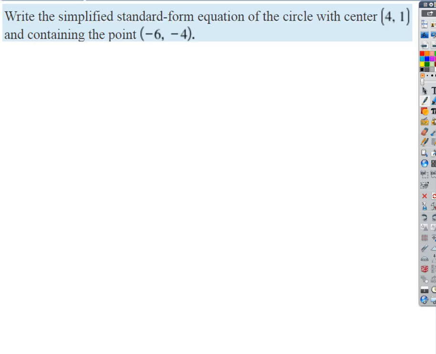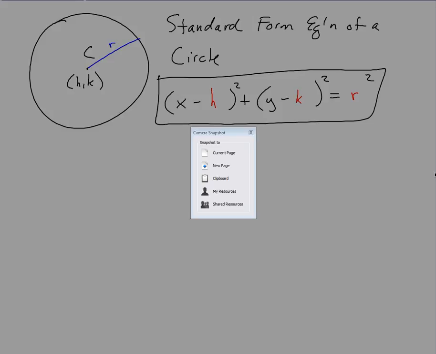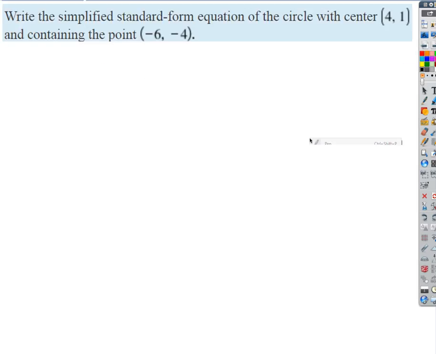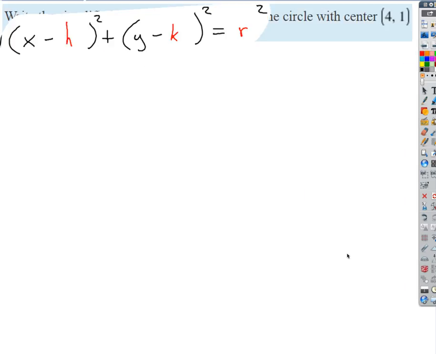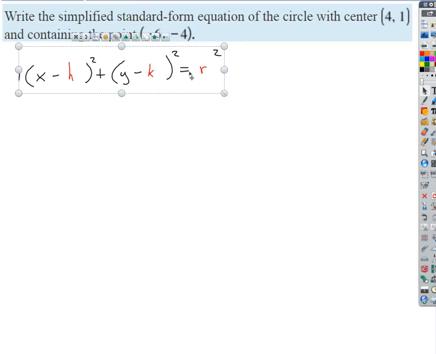So we want to get it into that form. Let's take a picture of that. We want to be able to fill in the blanks. Okay, so how are we going to do that?